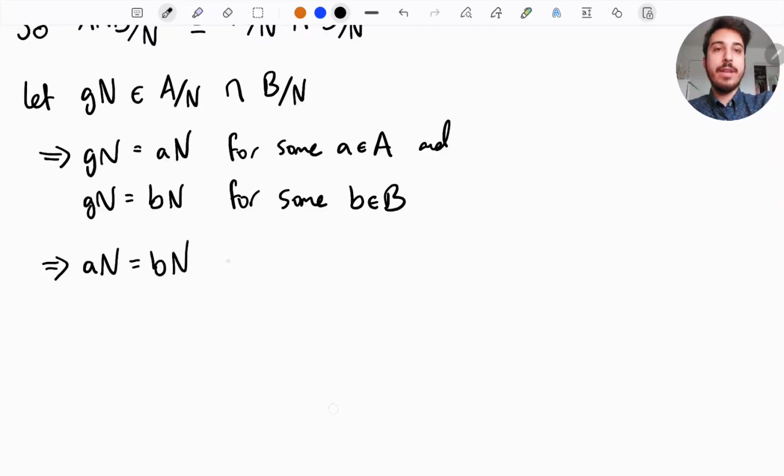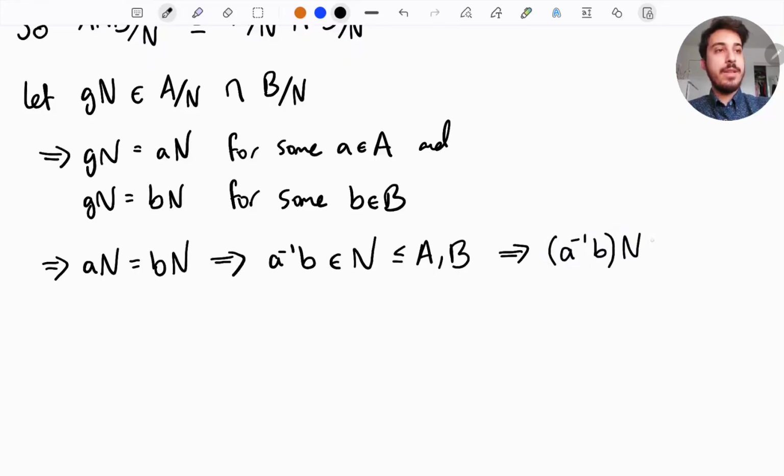Okay, and since we have that, by coset equality, we can say that a inverse times b is an element in N. But remember that N is a subgroup of both A and B. So that means this element is in A, and this element is in B as well. So, in particular, because it's an element in N, by coset equality, we have that a inverse bN is equal exactly to the coset N.